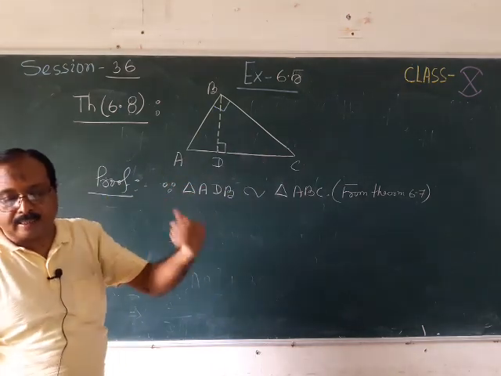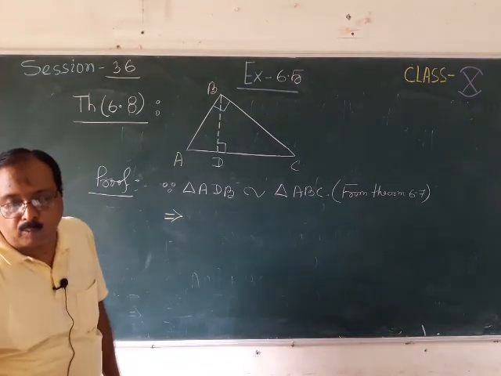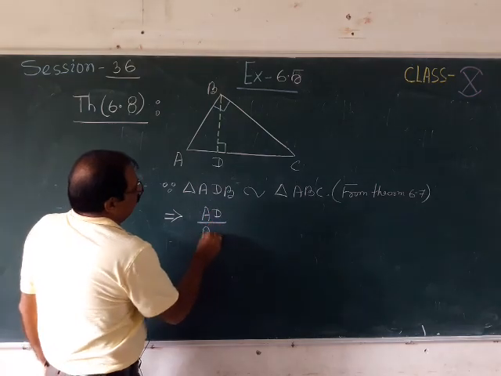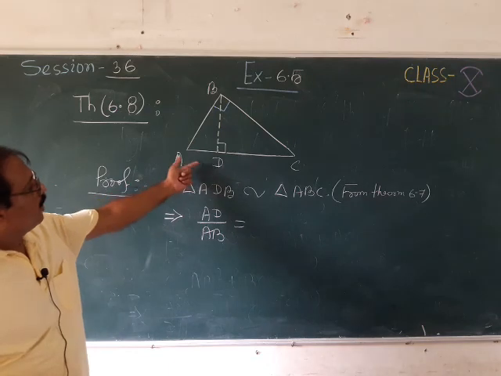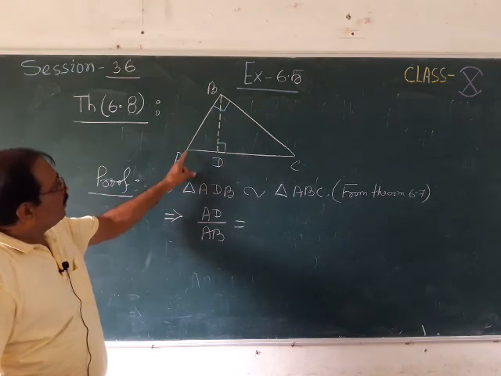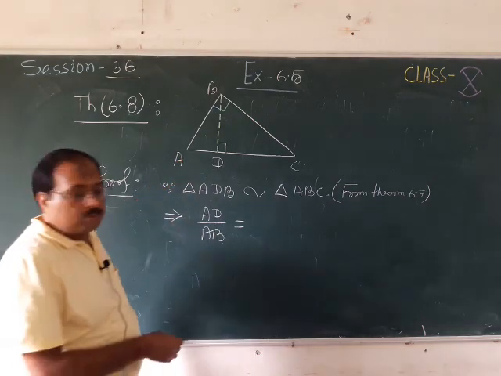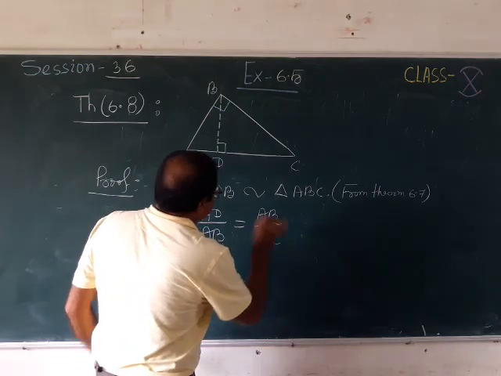Both the triangles are similar. That means it is clear that their sides will be proportional. That means AD upon AB. You can see AD is the base of triangle BDA. AD upon AB is equal to AB upon AC. Why is it written like that?